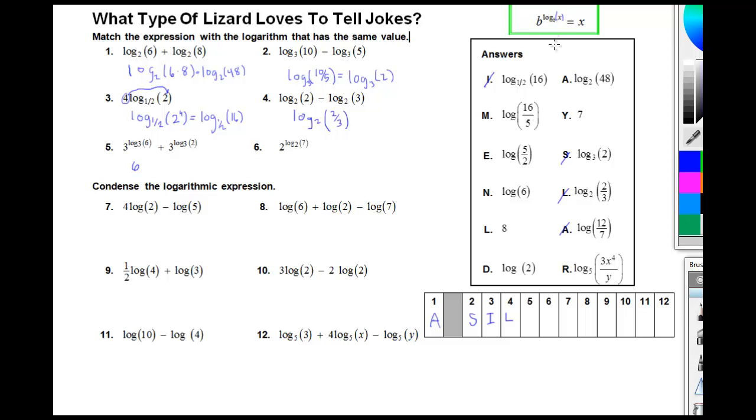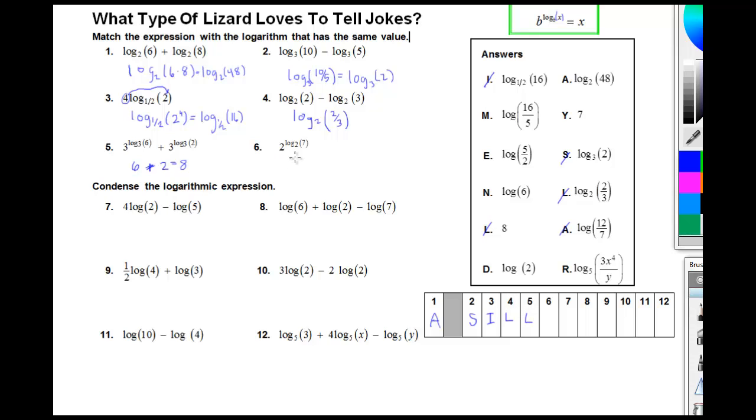This should have parentheses right there. So this expression is 6, and since this is a 3 and this is a 3, this expression can be rewritten just as 2, and so it just becomes 6 plus 2, which is 8. And 8 is on here as letter L.